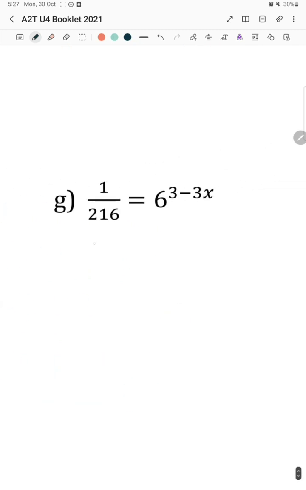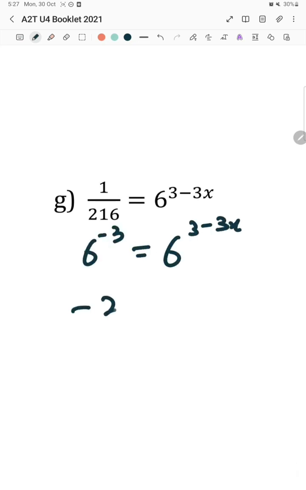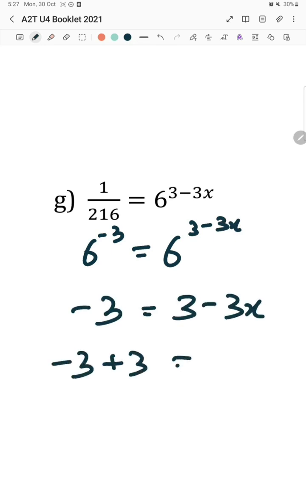Okay, so 6 minus 3 is equal to 6. 3 minus 3x minus 3 is equal to 3 minus 3x. Minus 3.